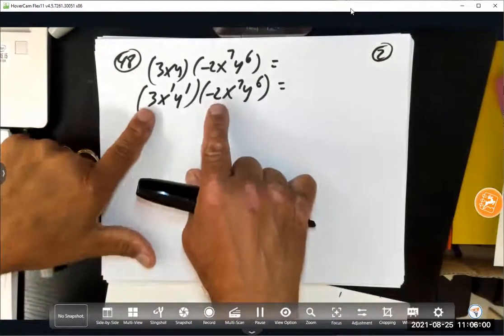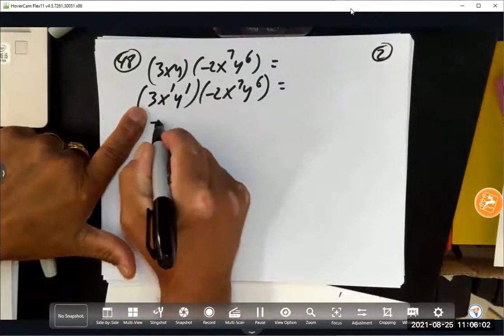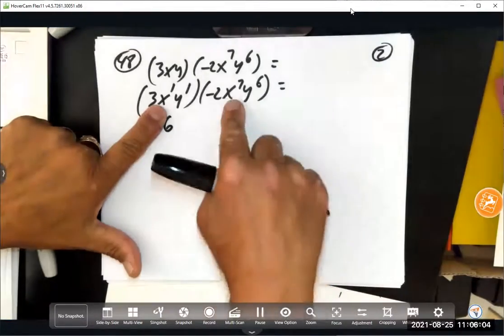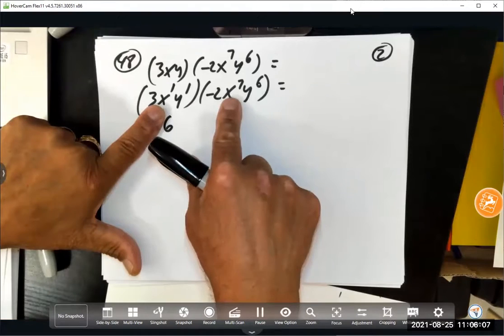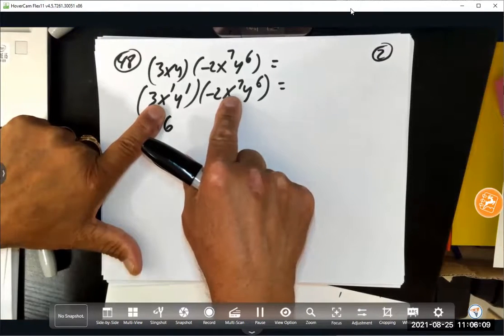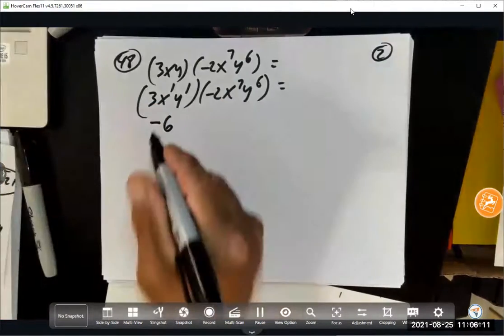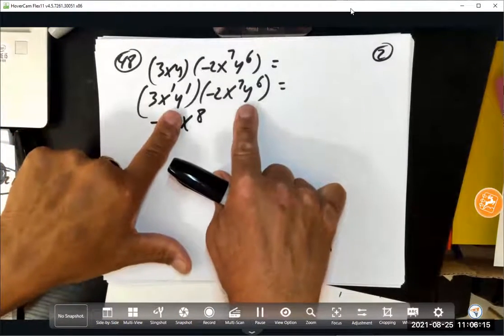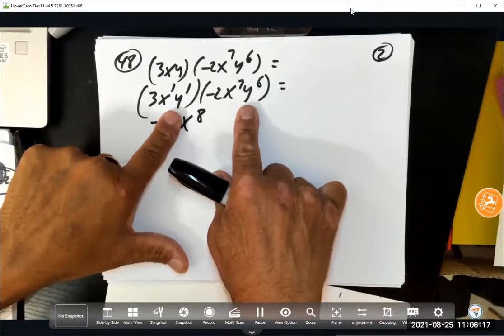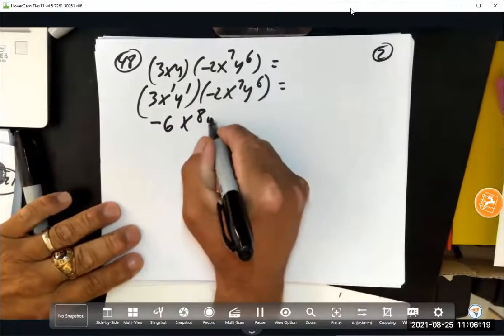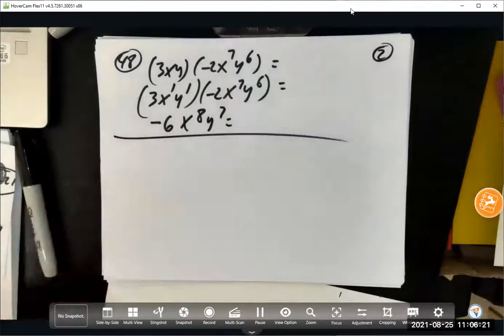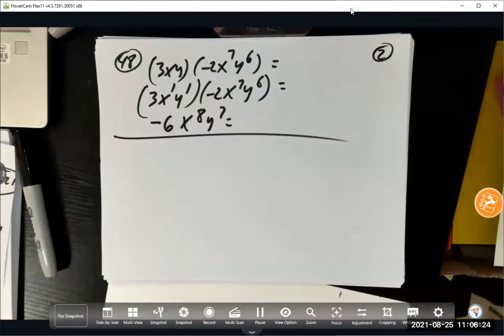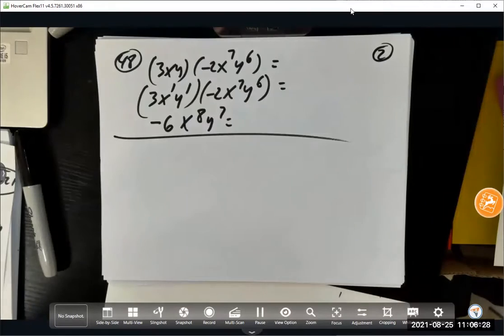Ready? So 3 times negative 2 is negative 6. x to the 1, x to the 7, add those numbers up. How much is 1 plus 7? 8. Okay. And y^1 and y^6, add the powers up. How much is that? 7. Okay. Everybody okay with adding powers like this? Yes. All right, so I'm going to say yes, that you have that skill. All right, next one, number 49.